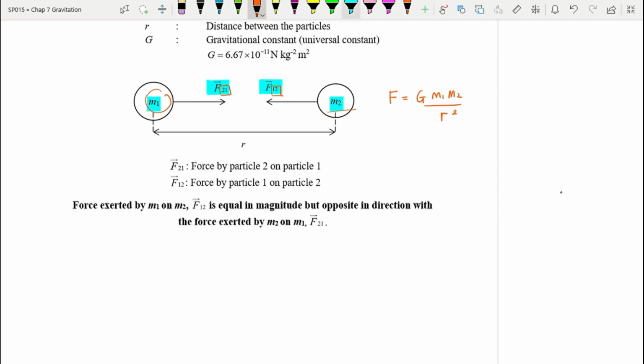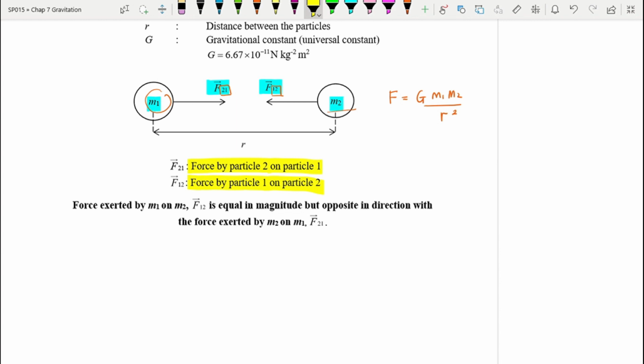Jadi kalau kita baca dia punya explanation, force by particle 2 ataupun mass 2 kepada siapa? On particle 1. Okay, so dia label as 21. Okay, so itu cara dia baca dan cara dia label. Okay, jadi kalau 1 2 mestilah daripada partikel yang pertama tadi, force kepada siapa? Oleh partikel yang kedua.